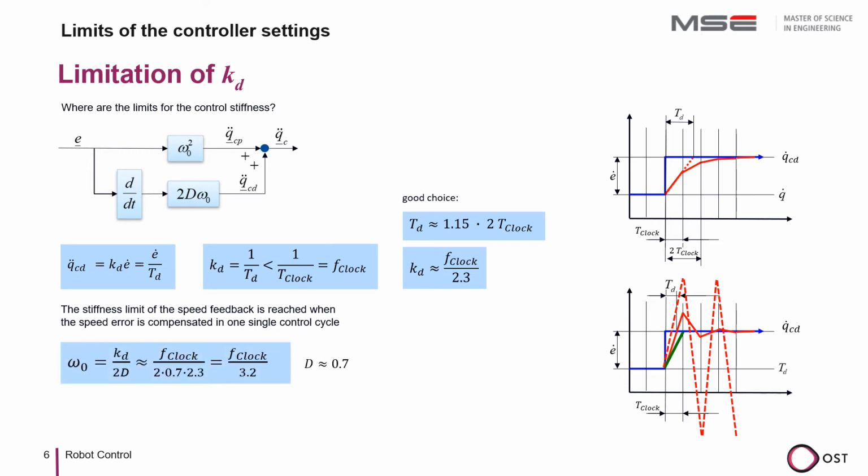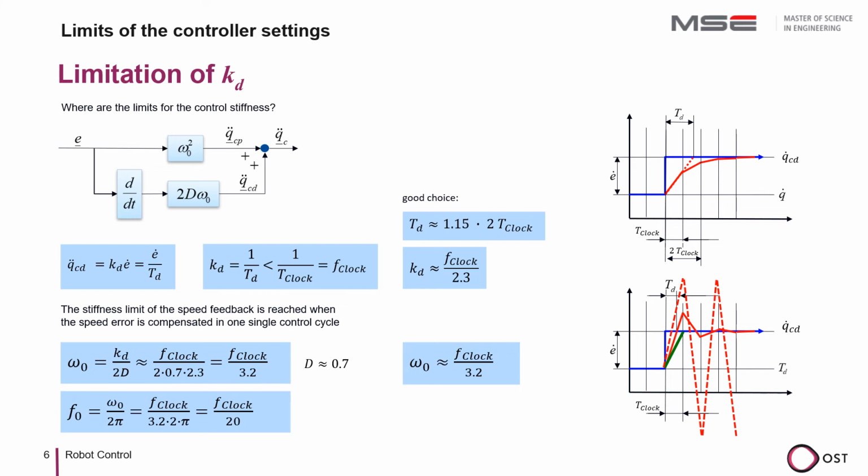We determine omega 0 by dividing Kd by 2 times D and get F clock divided by 3.2 for omega 0 under the assumption of D equals 0.7. If we calculate the frequency, we find that the controlled bandwidth F0 is 20 times smaller than the controller frequency F clock.